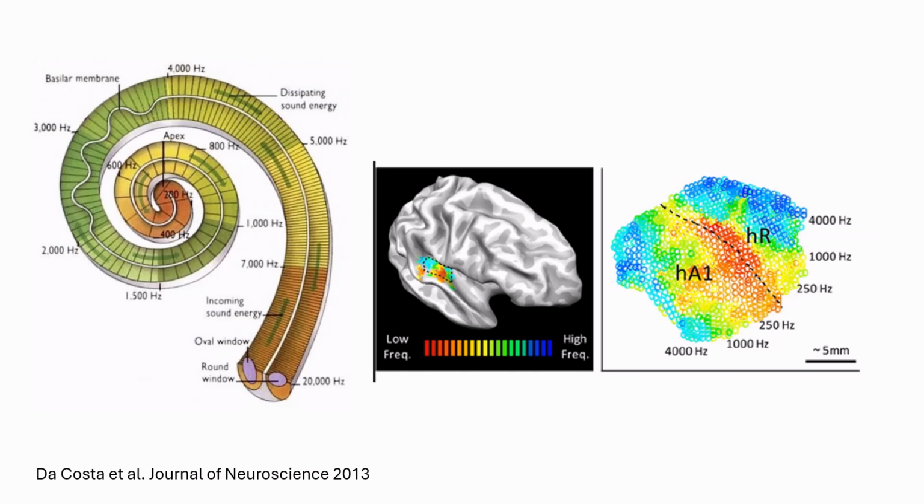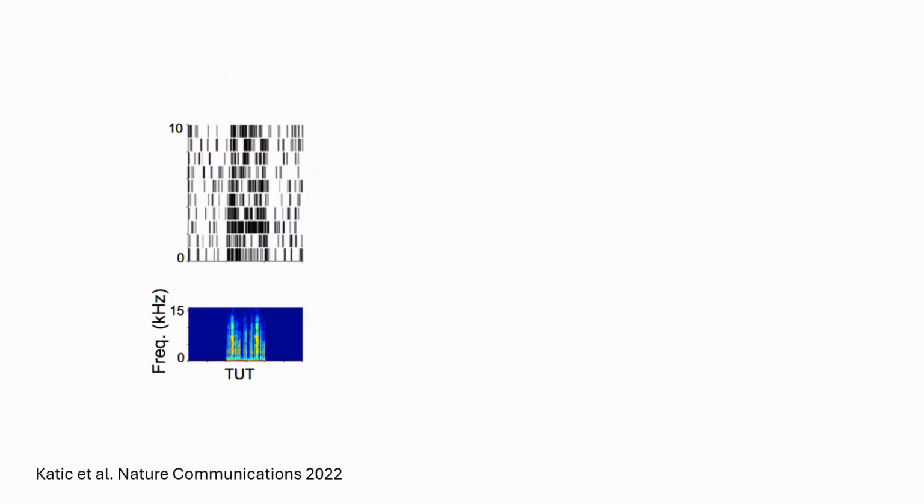The auditory cortex within the brain actually has a tonotopic map. Some neurons are sensitive to low frequency signals like 250 hertz, while some neurons are sensitive to higher frequency signals like 4,000 to 20,000 hertz. So we have this tonotopic map across auditory cortex. What happens when we place a recording electrode in auditory cortex? Well, we see these spike trains, right?